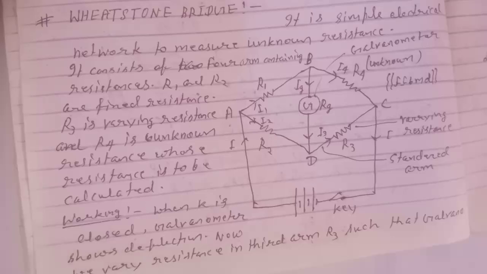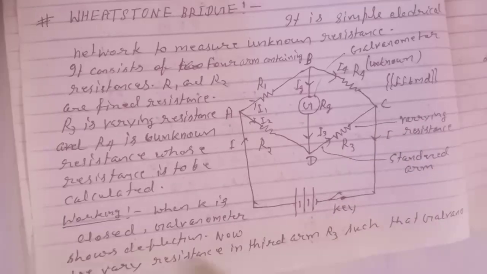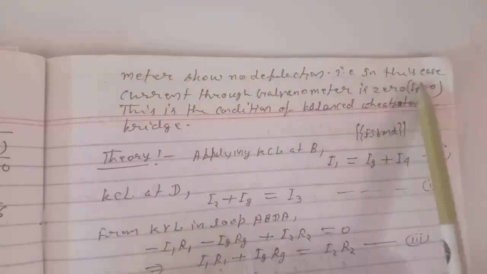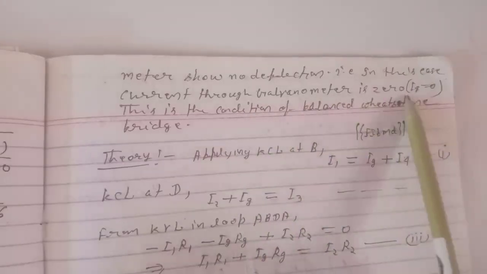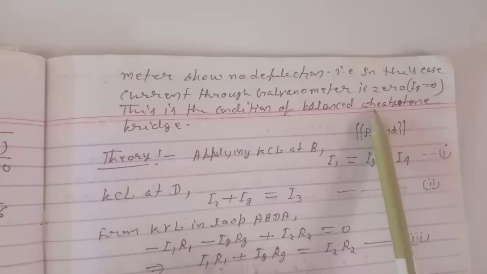Now we vary the resistance in the third arm R3 such that the galvanometer shows no deflection. That is, in this case, the current through the galvanometer is 0, Ig becomes 0. This is the condition of balanced Wheatstone bridge, and this condition is called balanced Wheatstone bridge.